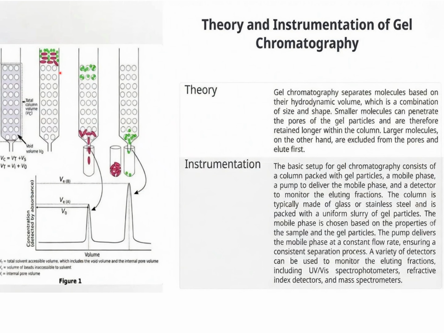So here we can see the particles are getting separated based on their size, and we are having the chromatogram. When some compounds are eluted, a chromatogram appears in the recorder or in the computer. When some compounds are eluted, we get a peak.